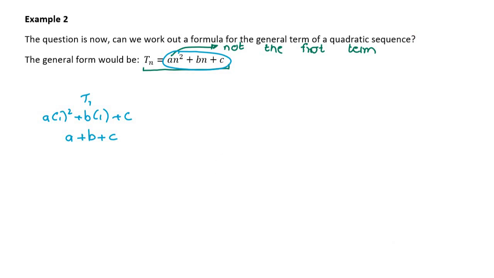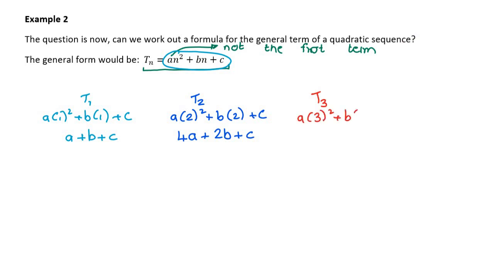What would term number 2 be? Term 2 would be a times 2 squared plus b times 2 plus c, so an expression for term 2 would be 4a + 2b + c. I don't know a, b and c, so I can't find these values. The third term would be a times 3 squared plus b times 3 plus c, so 9a + 3b + c.